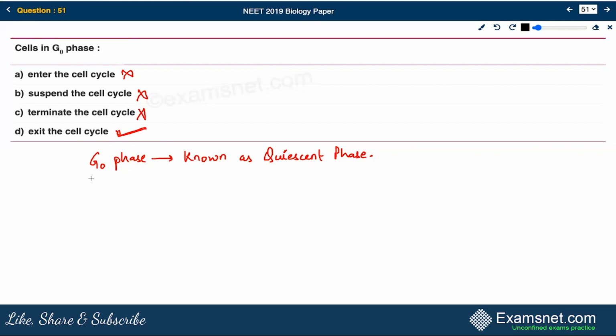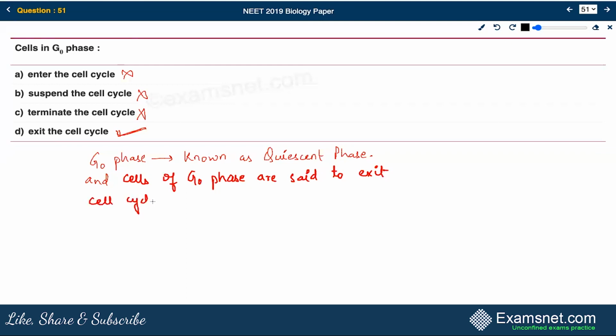And cells of the G0 phase are said to exit the cell cycle.